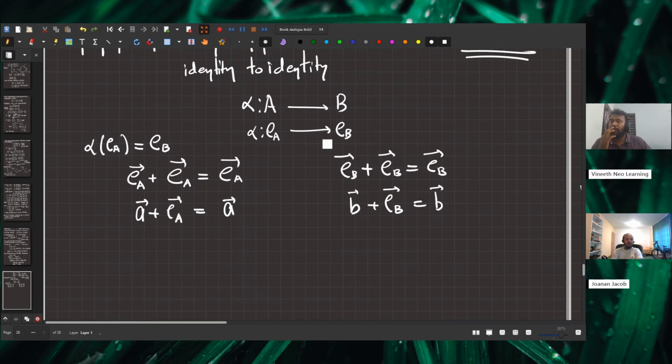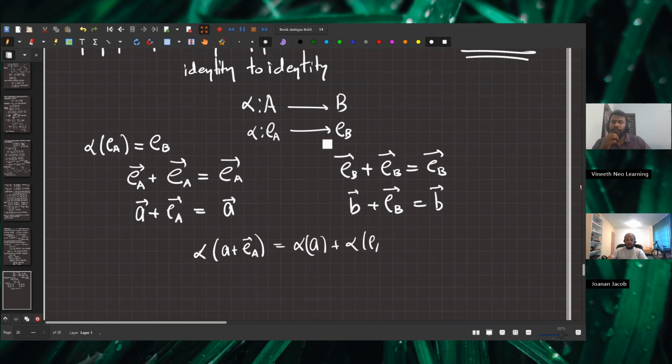That's simple. Take the transformation of that equation. Alpha of A plus EA should be equal to alpha of A plus alpha of EA. This is the homomorphism condition.